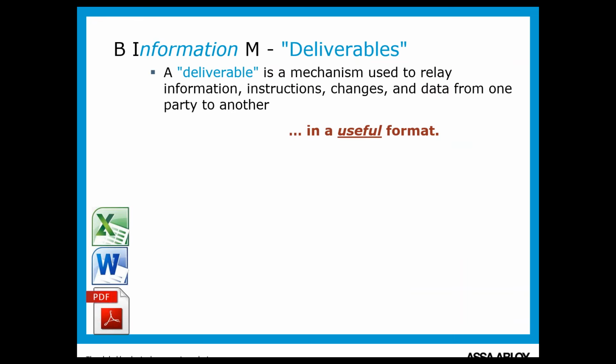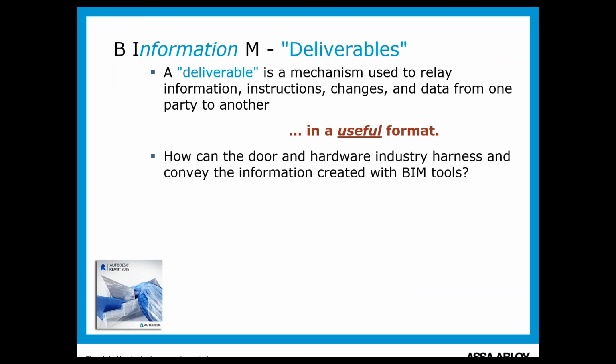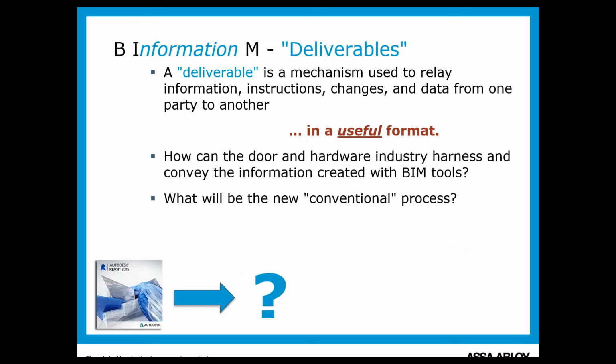So for us, what is a deliverable? Today, this is what the deliverable is on most projects: Excel, Word, PDFs, documents that are passed off in a book of some kind. And then how can Opening Studio change the industry and convey information in a new conventional process?